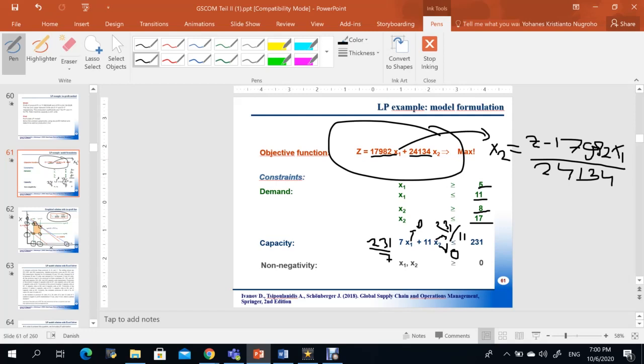If we separate z and x1, we have z divided by 24,134 minus 17,982 x1 divided by 24,134.